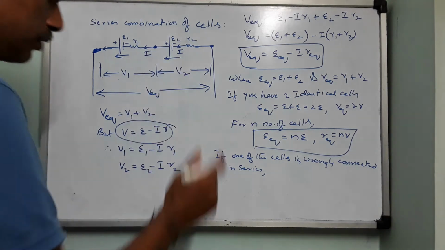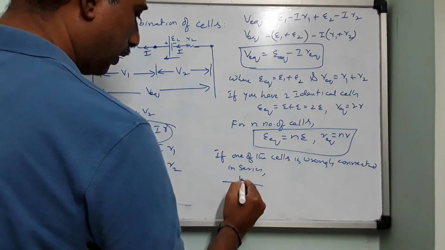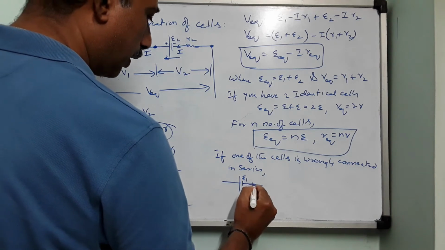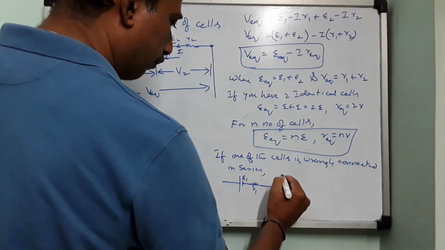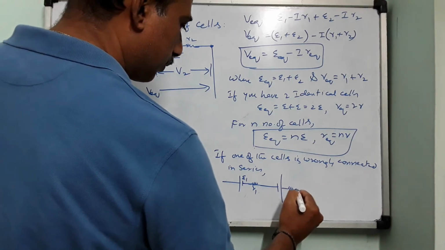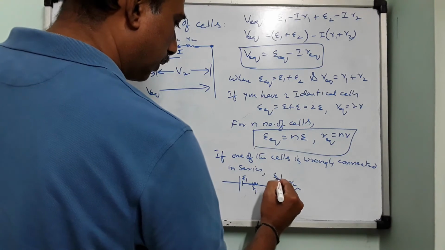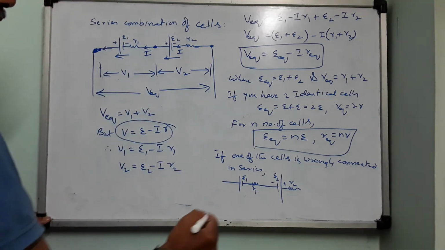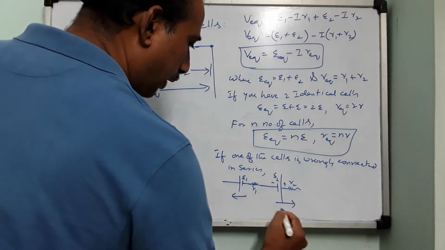If you reverse this, the cell is E1 here with internal resistance R1 and here E2 with internal resistance R2, minus plus, so this is E2. Now you observe, its direction of EMF is like this, its direction of EMF is like this.